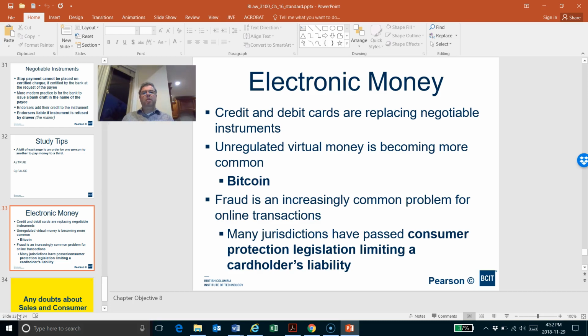And most consumer legislation in all provinces in Canada limits the liability of credit or card holders, mostly credit card holders, as long as we can establish we were diligent. So the banks will need to compensate any damages we incur because a scammer, for example, was able to get our credit card information and use it to make their own purchases.